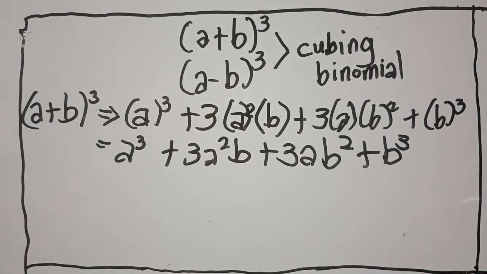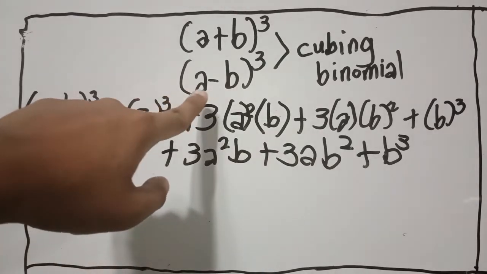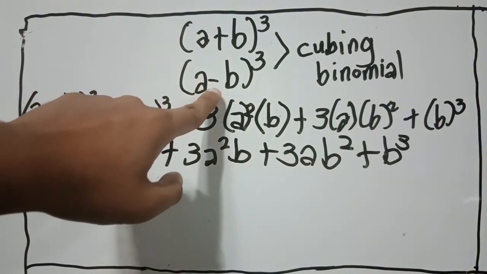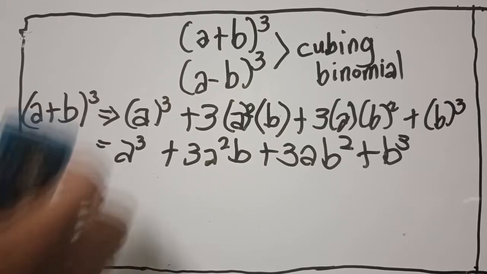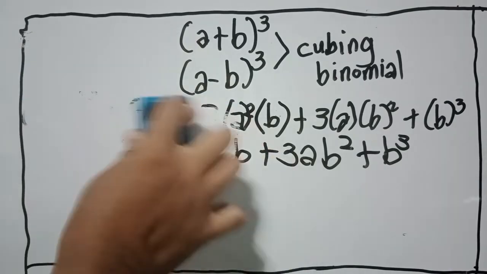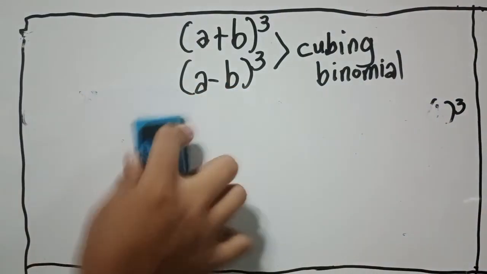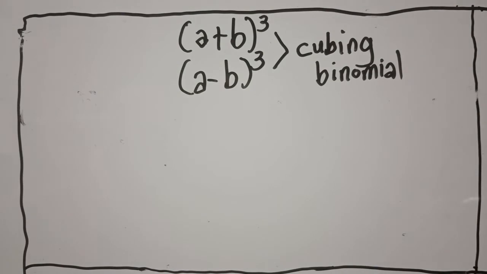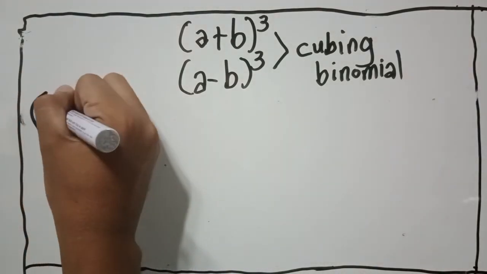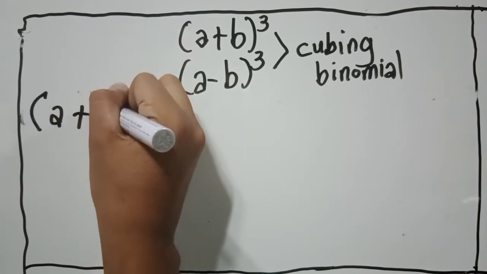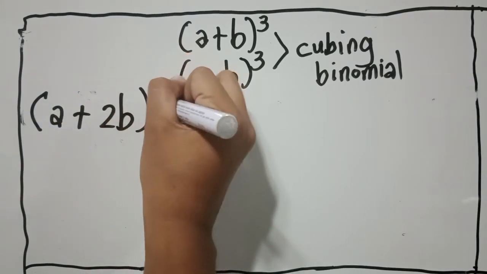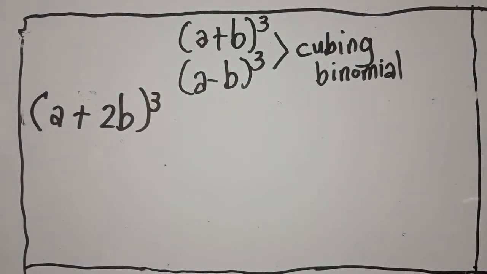That rule will still apply to the cube of a minus b. So let's take an example of a binomial that has to be cubed. Say, for example, we have a plus 2b cubed. Let's apply the rule.